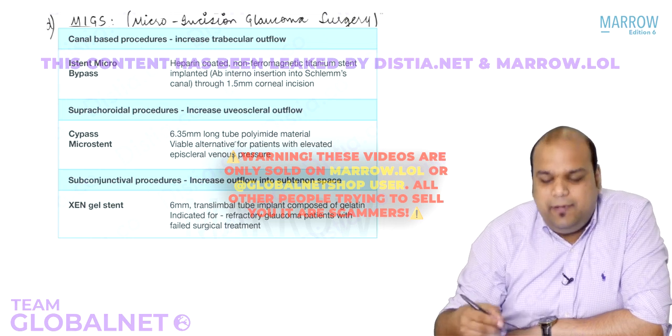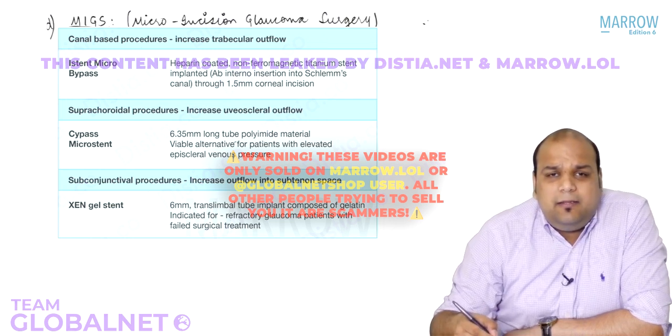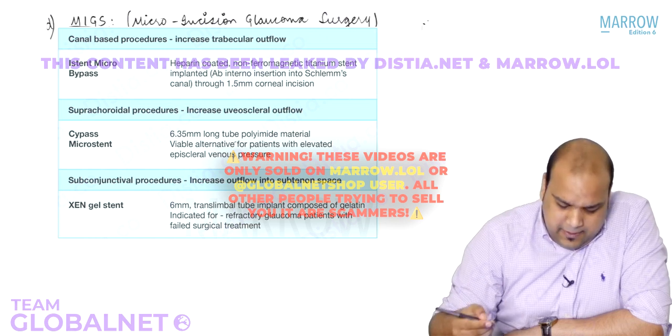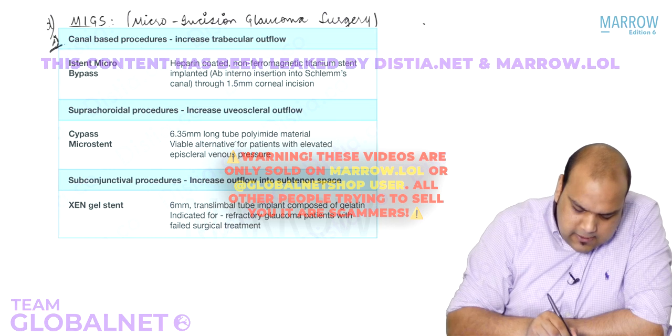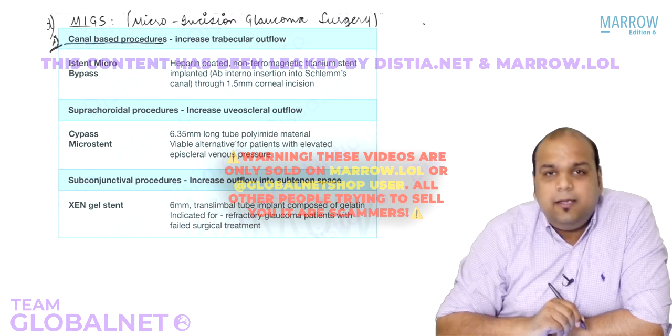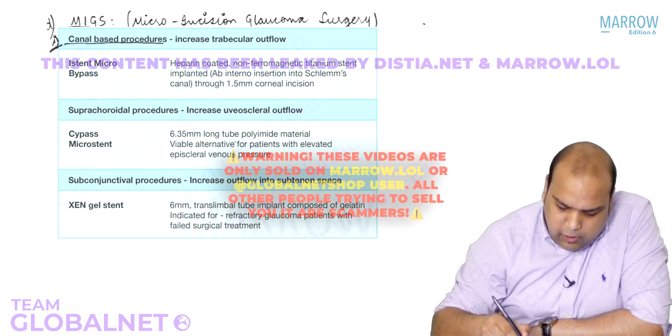This is a new advent in the surgical treatment of glaucoma, everybody. They are becoming popular day by day. There can be 3 types of procedures. As you can see, number 1, canal-based procedures. Canal-based means we are manipulating the Schlemm's canal, increasing the trabecular outflow.